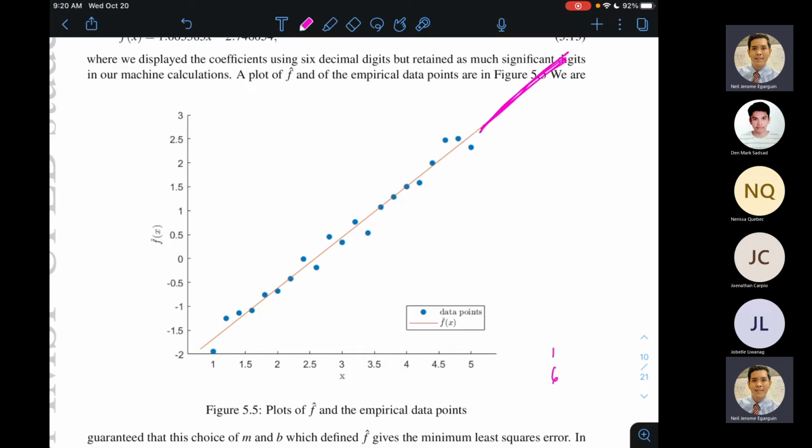So we expect that if x is equal to 6, and if the trend holds, then the function value is close to this when x is 6. I can use this to forecast or approximate function values outside of the interpolatory interval, or the given data points. This is no longer interpolation. And you will see, it does not really interpolate the given data because it does not pass through the given data. All right?